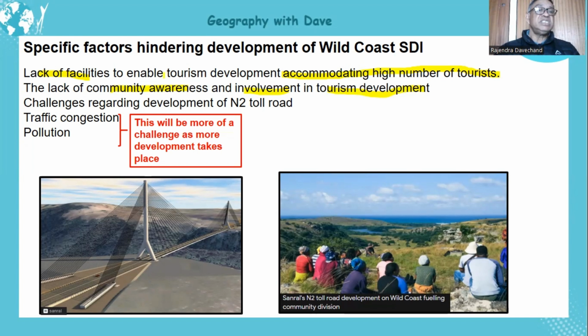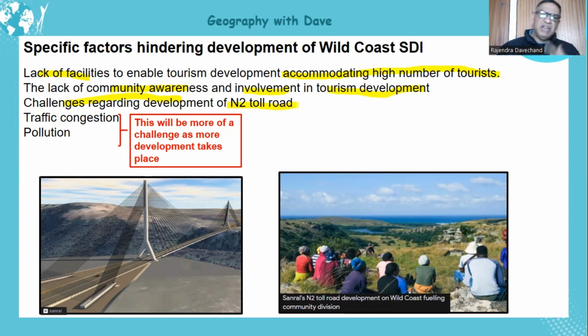All right, challenges regarding the development of the N2 toll road, the Wild Coast toll road. Because of the cultural values and unity amongst communities, this road was going to cut through the area of the community, and people feel that this is going to split the unity of the community, and they do have valid points.